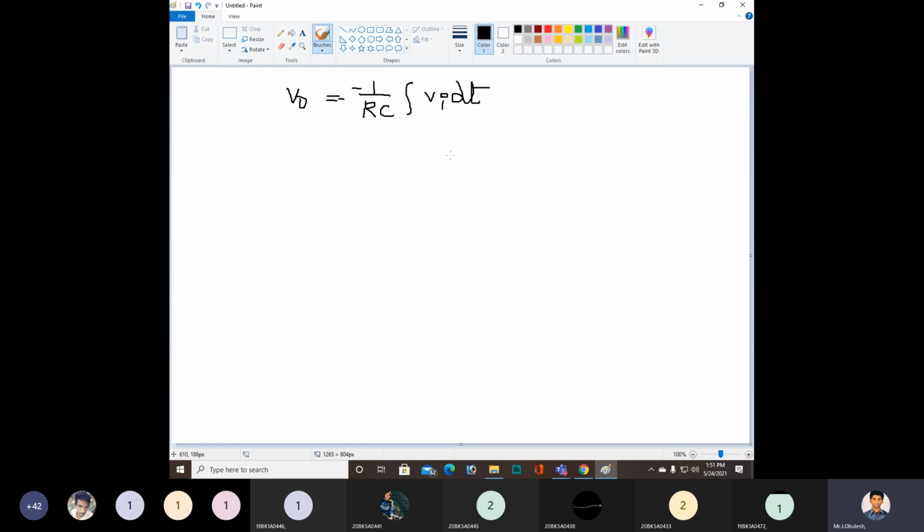So here the peak to peak output amplitude of the circuit is equal to minus 1 by RC, where you take only half of the time period, T by 2. Here RC is nothing but R1 C1, integral 0 to T by 2, into the input voltage, which we assume is minus V sat, into dt.